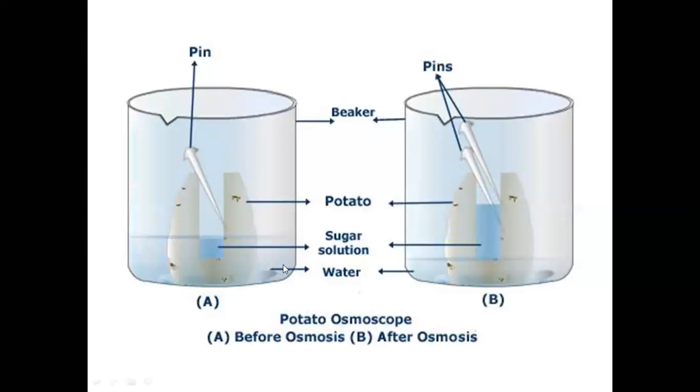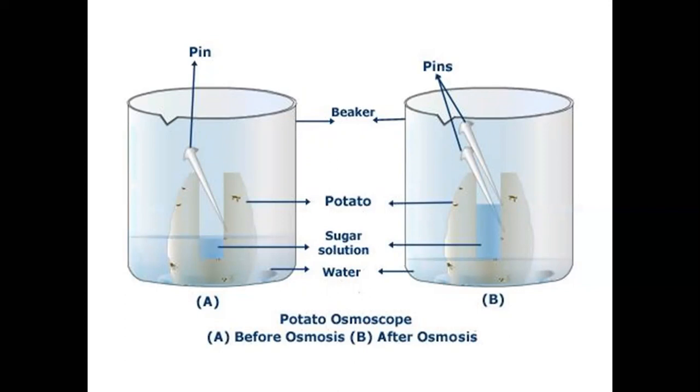The pure water has a high concentration of water as there are no solutes inside of it. However, the sugar solution has a lower concentration of water because the presence of the sugar in the water has dropped the concentration of the water.